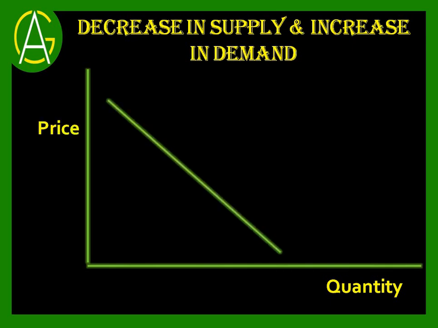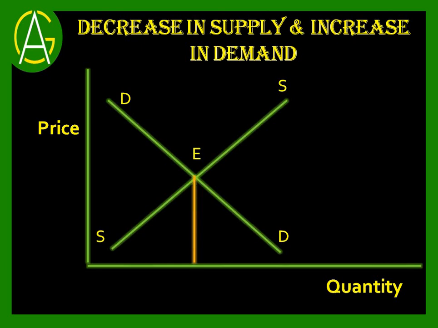This is DD demand curve, this is SS supply curve. At the point of intersection, this is equilibrium point. Below equilibrium point we find out quantity, in front of equilibrium point we find out price. OQ is the quantity and OP is the price.